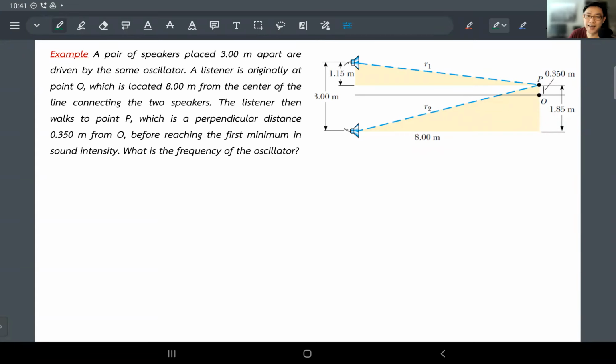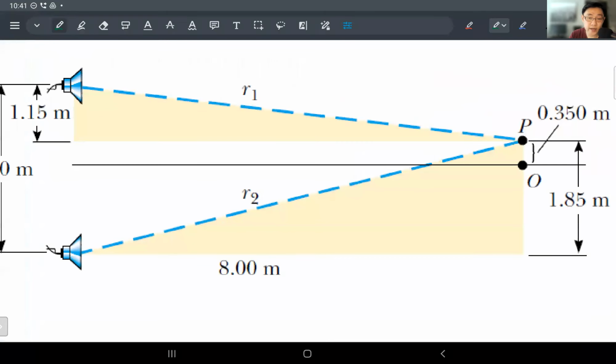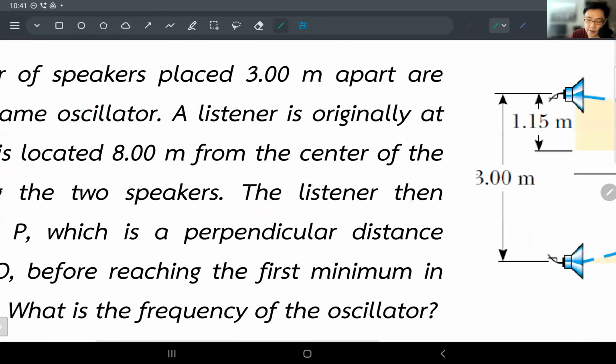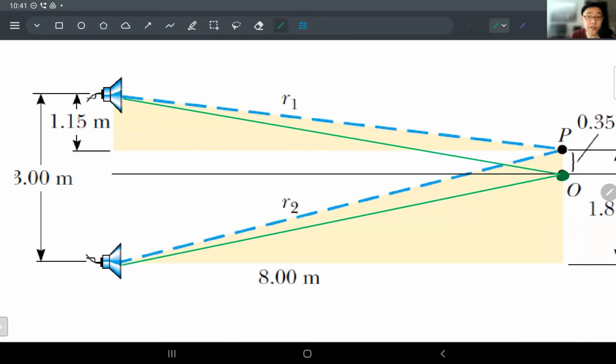Cool. So first things first. You can look at this and understand that when you are at point O, the distance traveled by the two waves is exactly the same, right? So when you start from point O, the sound coming out from the first speaker and the sound coming out from the second speaker reach point O by going through the same distances.